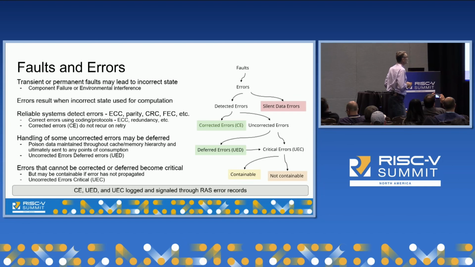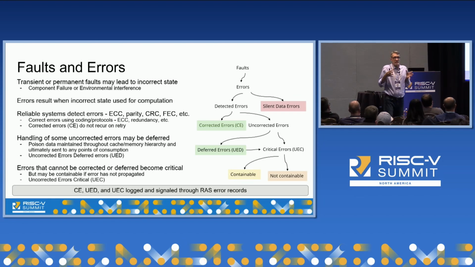Detected errors break down into errors that are correctable and are in fact corrected, versus uncorrectable errors. In the case of uncorrected errors, you have an interesting option in many system designs to defer some errors. A common example is you detect that the data of a line of memory, whether out in DRAM or in a cache, is now corrupted and uncorrectable.